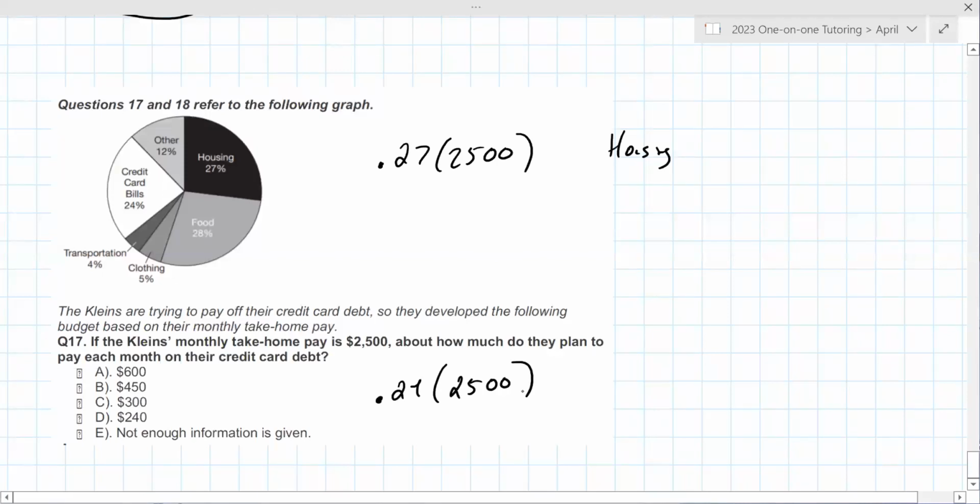This can be estimated, but you probably would have a calculator here. If you want to do this exactly, the answer is 600. Yes, very good.